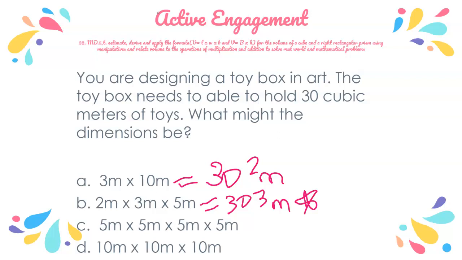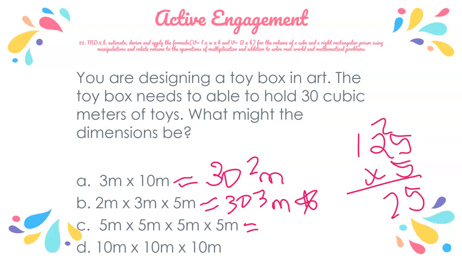And then 5 times 5 is 25, times another 5, that's 125, times another 5. I've got to work this one out, y'all. I can't do that in my head. 5 times 5 is 25, 125, 625.